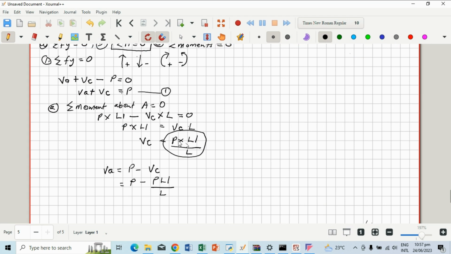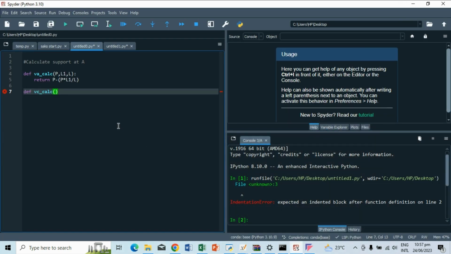Our VC will have the same parameters as VA: P, L1, and L. And then we'll need a colon at the end, and then we are going to return.